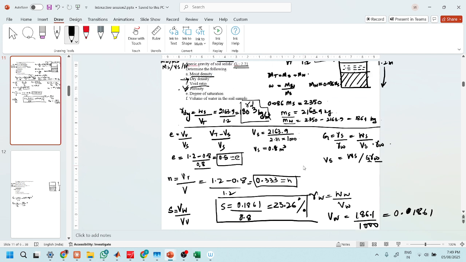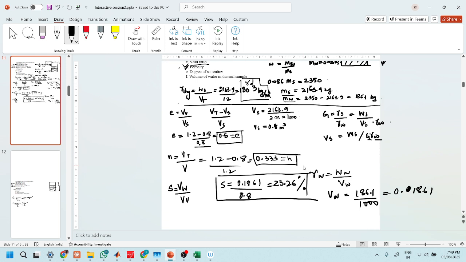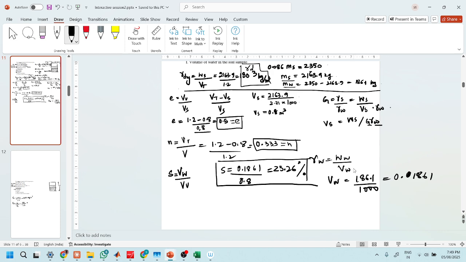Excuse me, madam. Degree of saturation somewhere you are getting 46, madam. I don't know, some error. You can use the formula GW is equal to SE and check it, madam. G is known to you, 2.71. Water content is given, 8.6%.